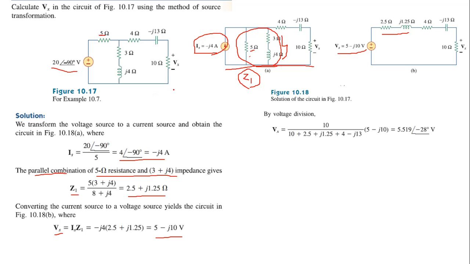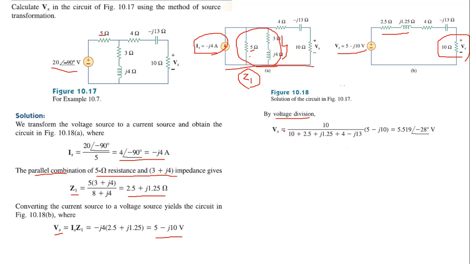Now this circuit gets simplified like this. We have to find the value of Vx, the voltage across this 10 ohm resistor. We can find it by applying the voltage division rule. We have a voltage source and a number of impedances connected in series, so we can directly apply the voltage division rule.